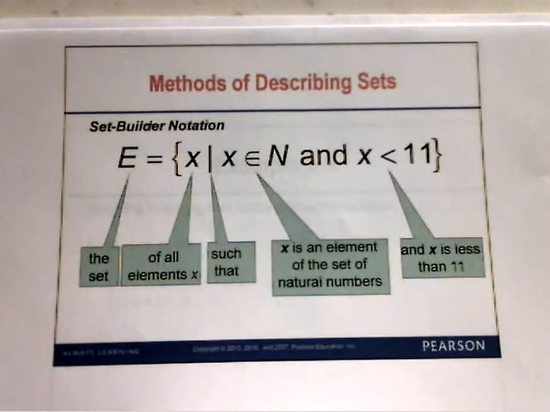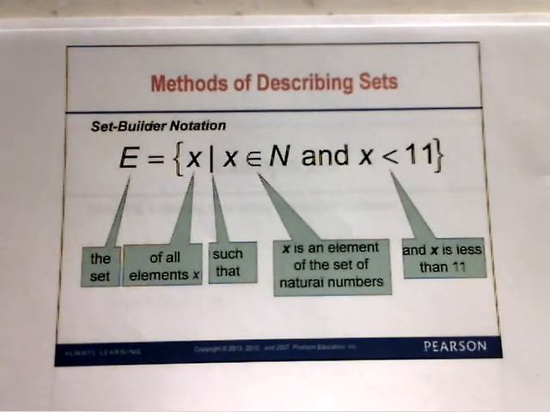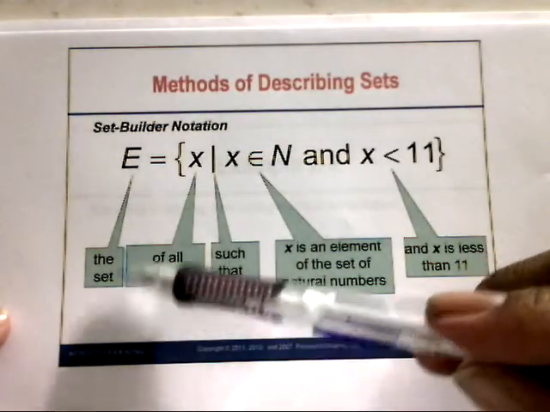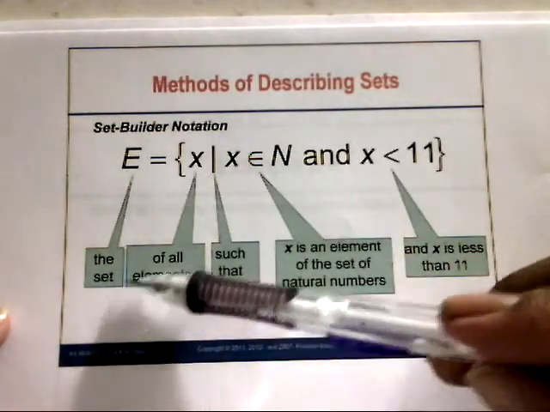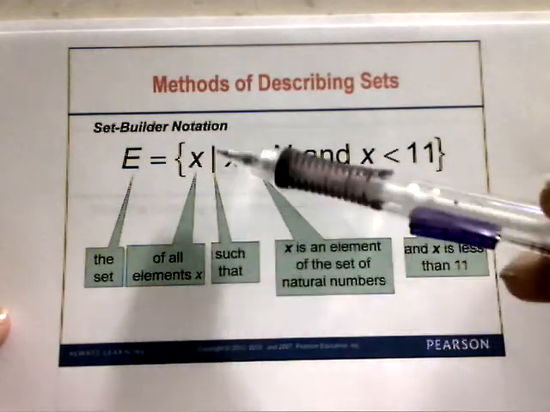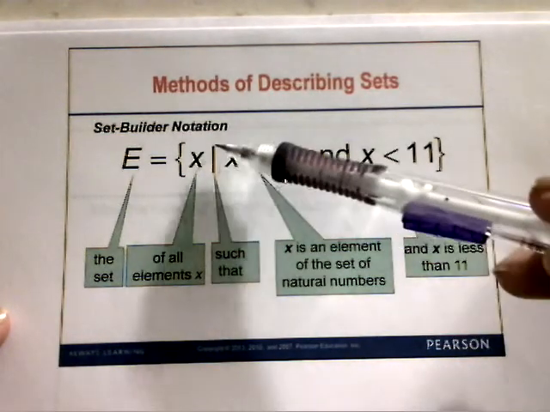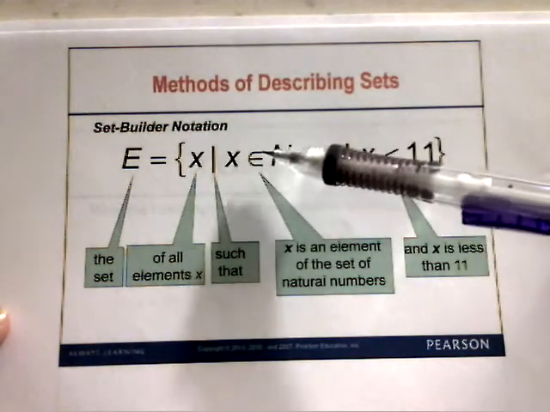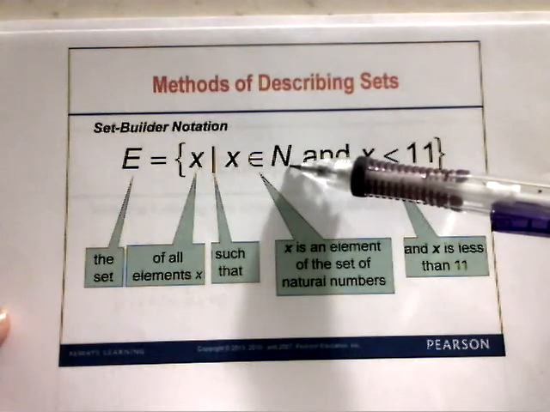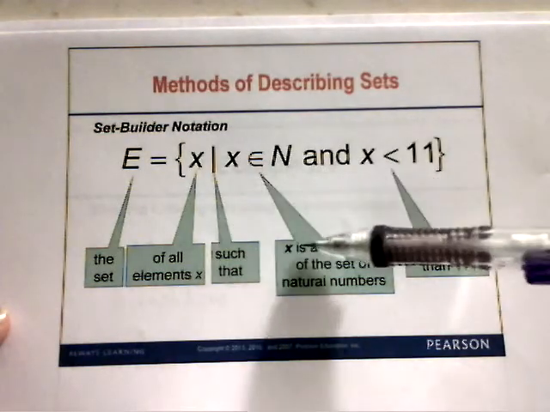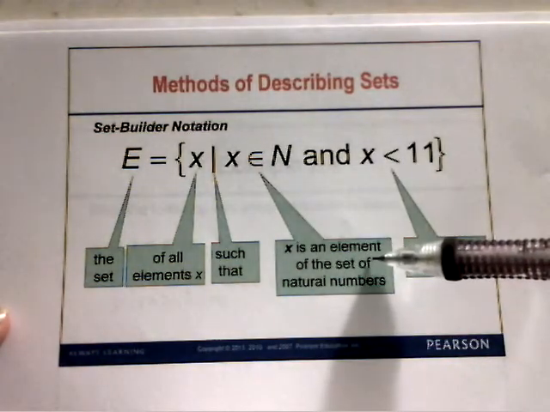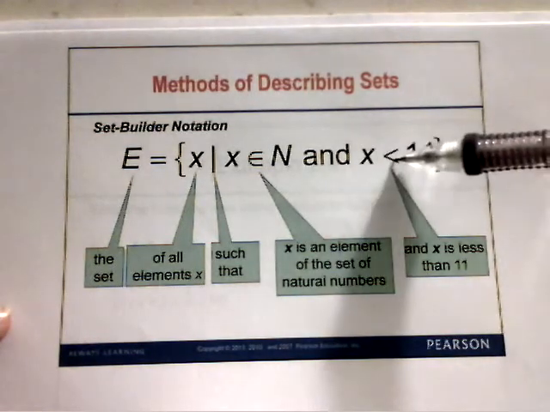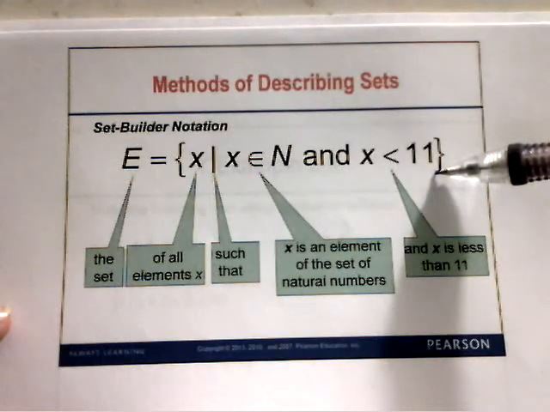And this is what we call set builder notation. The way we read this is: the set E is the set of all elements called x. That's this x right here. This vertical bar means such that x is an element of N. That's how we read this. x is an element of N, or the set of natural numbers, and x is less than 11.